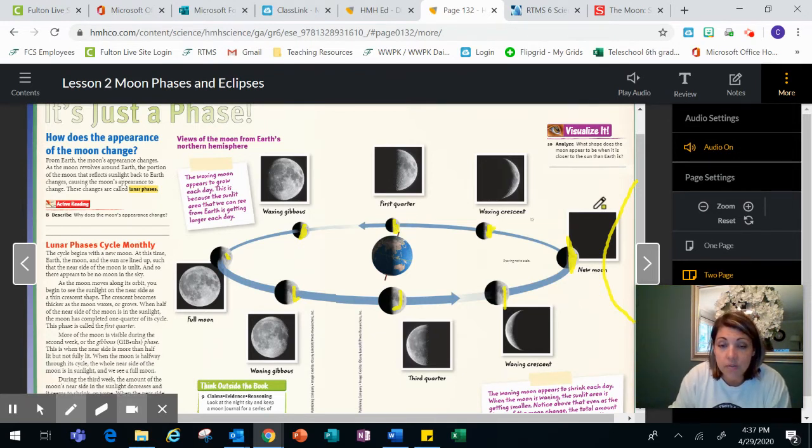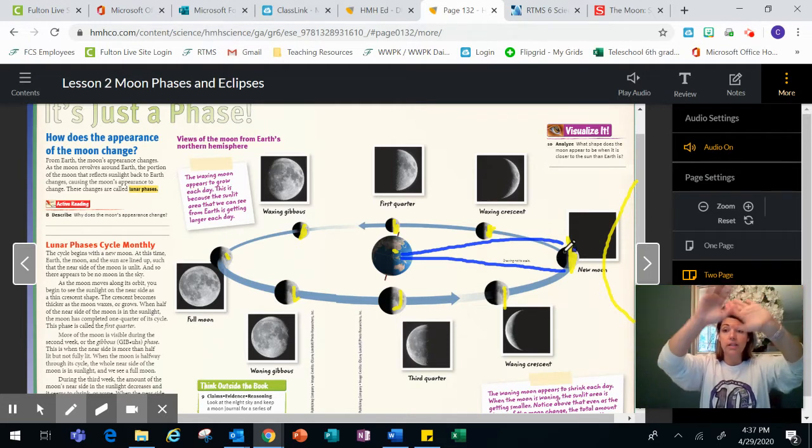But we're not in outer space looking at the moon. We are here, and we're looking out. So let me use a different color here. If we are looking out at the moon, in new moon phase, when it basically looks like the moon is all dark, we're looking out here. This is our view. If this is out in space and this half is lit up because the sun's out here, when we look out, we're going to see darkness.